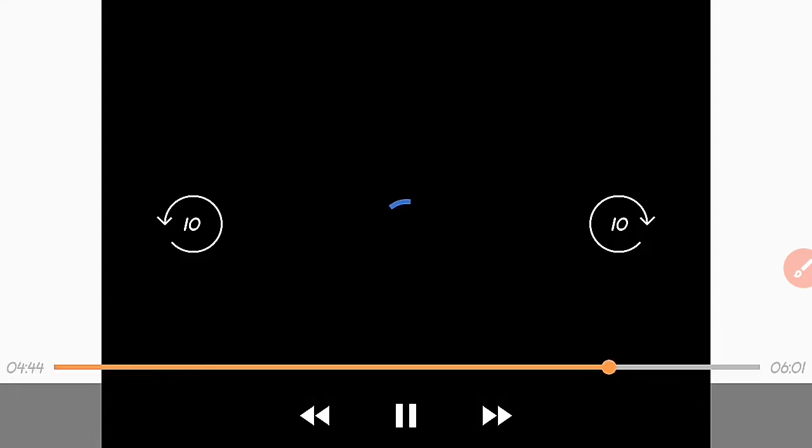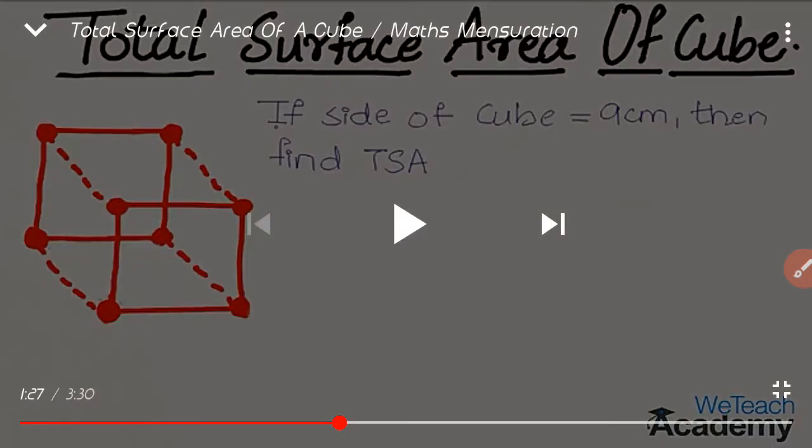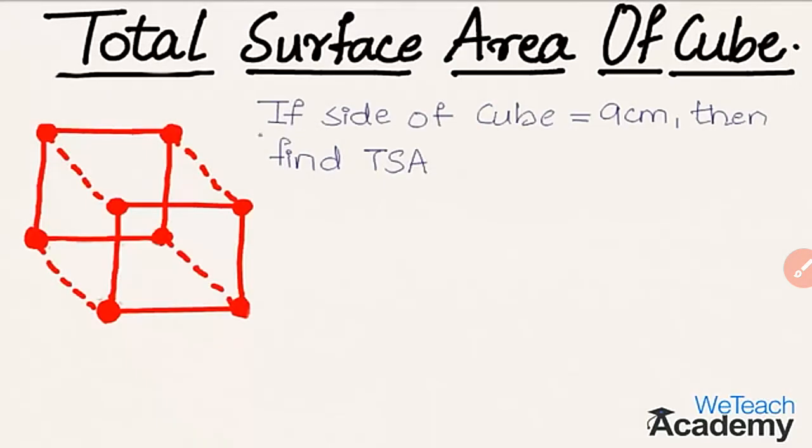Hello children, now let us see some examples of finding the total surface area of a cube. We know that total surface area of a cube is equal to 6A square. Now look at the question. If the side of a cube is equal to 9 centimeters, then we have to find the TSA. We know that in a cube all the faces are square faces, so it will not be given separately as length, breadth, height.